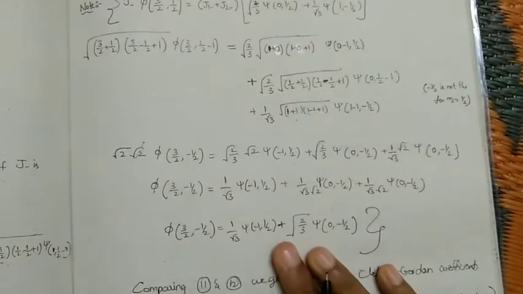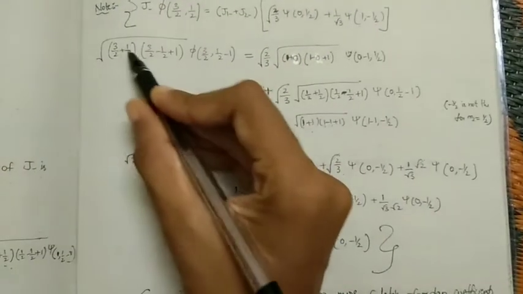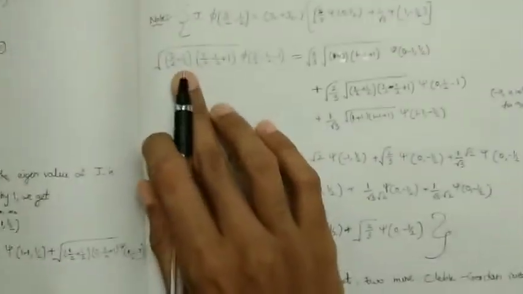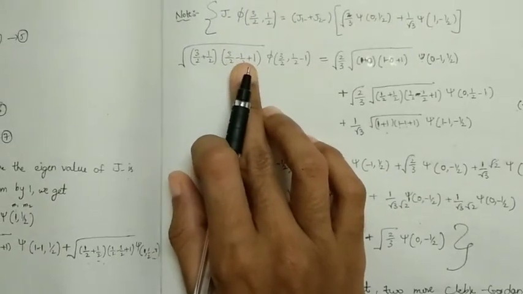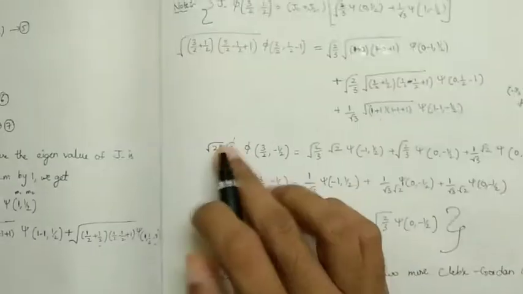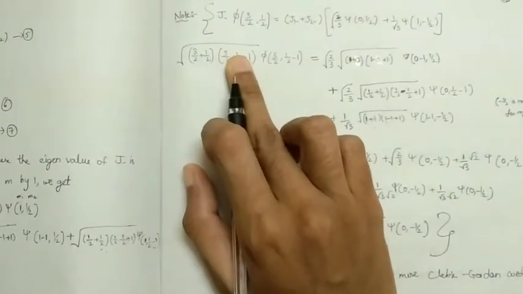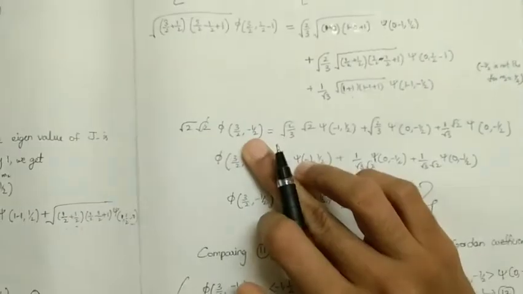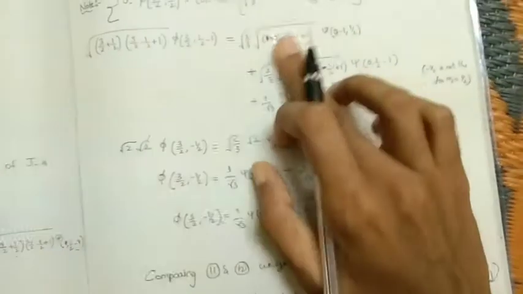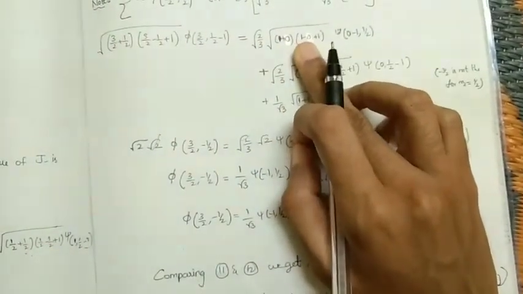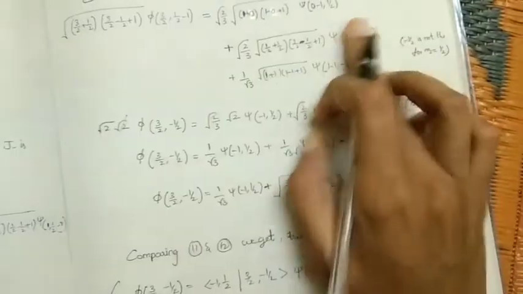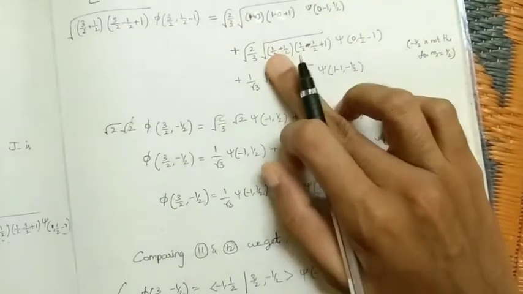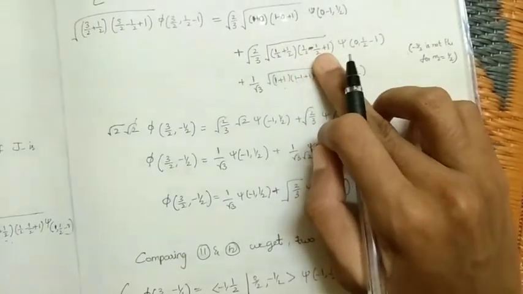So now if we do simplification, 3 by 2 plus half is 4 by 2, that is 2. So 3 by 2 minus 1 half, 1, 1 plus 1 is 2. So root 2 into root 2 we would have here. And next here, half minus 1, minus half, and here if we consider root 2 by 3, 1 plus 0 is 1, 1 minus 0 plus 1 gives root 2 for this, and minus 0 minus 1, minus half half, and here half plus half is 1, and half minus half 0 plus 1.